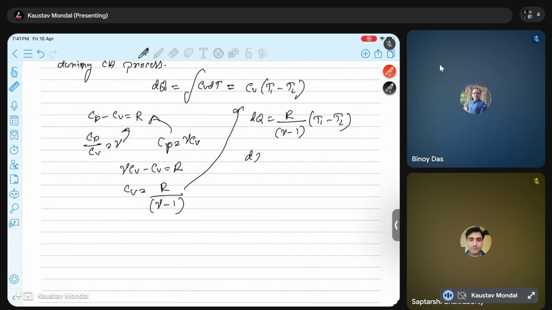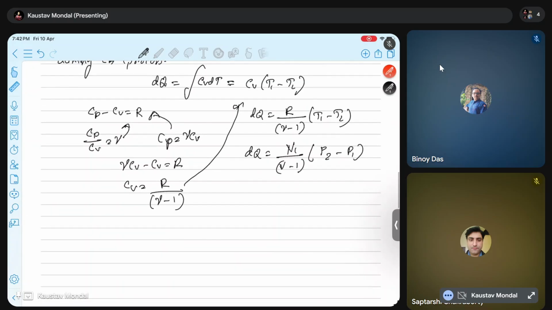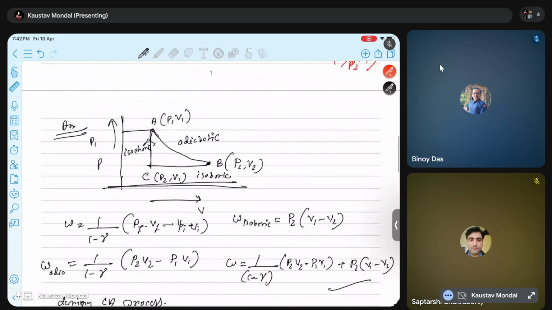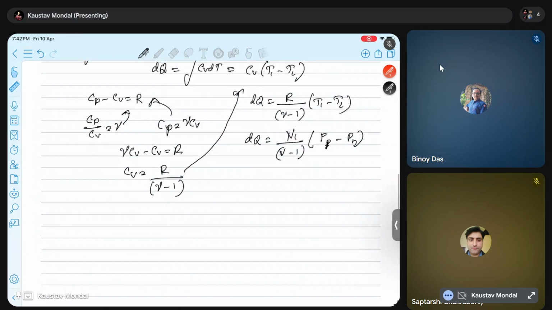Or you can check it in terms of volume also: R by gamma minus 1 times (T1 minus T2). R T1 is P1 V1, so you can take V common, and it becomes P1 minus P2.